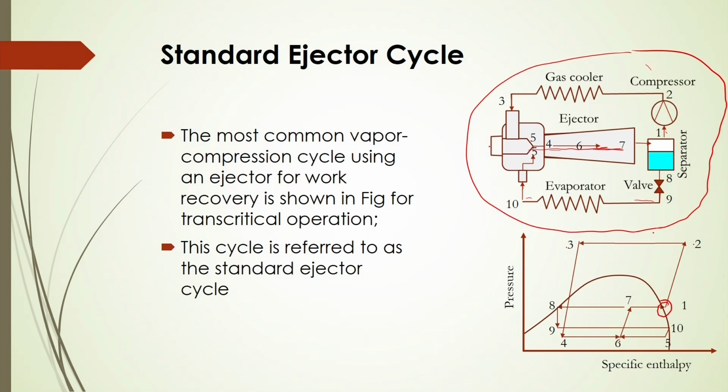According to this cycle, the ejector, compressor and evaporator system, this shows how the pressure is changing with respect to different units whenever an ejector system is being used for this vapor compression refrigeration system. So, this is one important application of the ejector system.